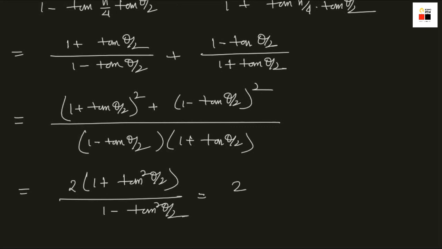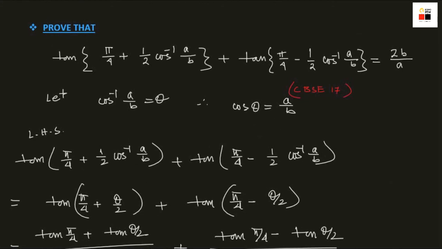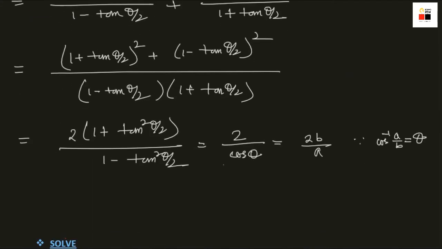This is equals to 2 by cos theta. This is equals to 2b by a, since cos inverse a by b equals to theta, equals to RHS. Proved.